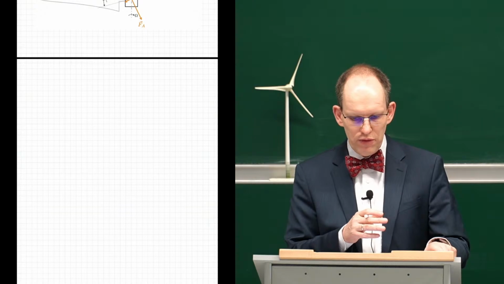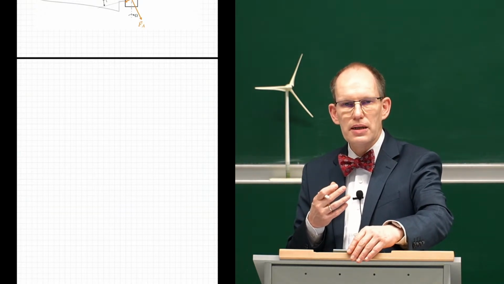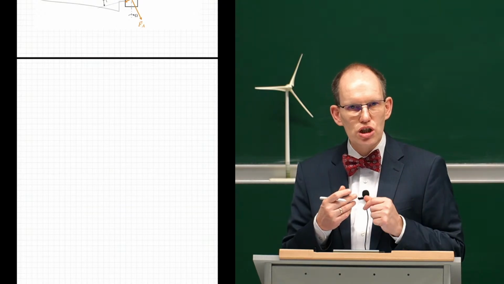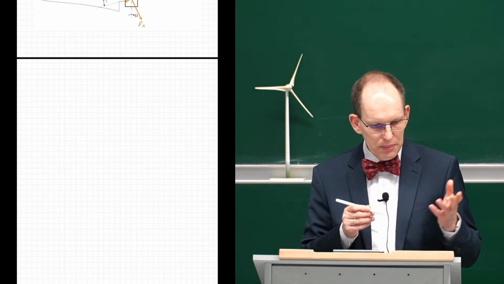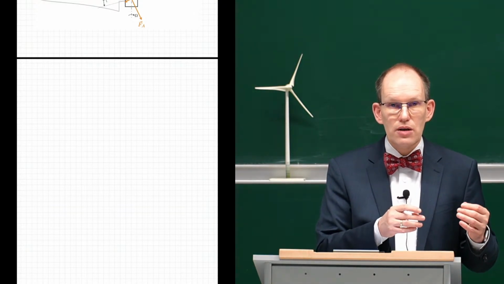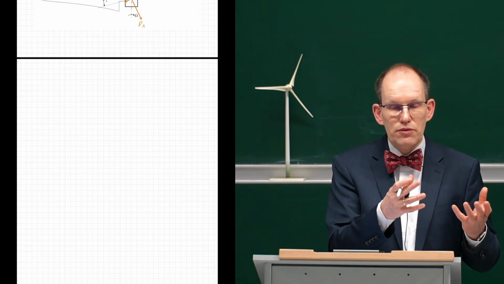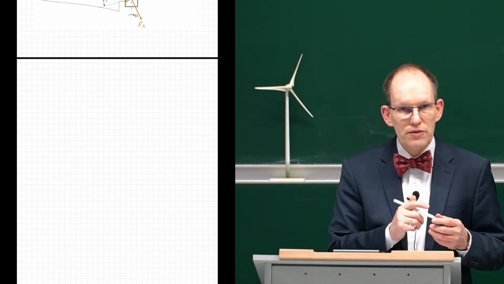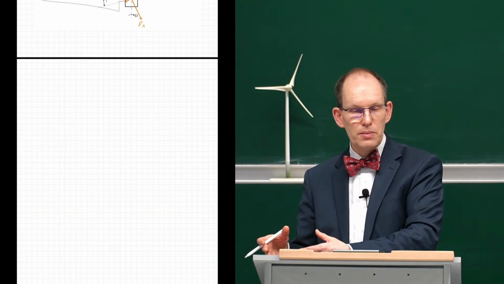And we'll first try to contemplate which types of losses we have, and then we would try to find expressions for the magnitude of these losses, and see by how much it reduces the efficiency of a windmill.